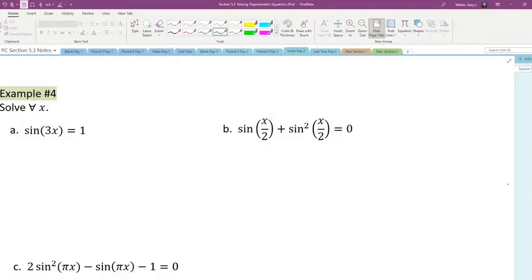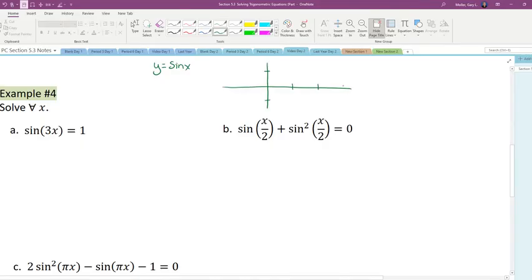So what I want us to think about before we dive into this too far is what is the difference between sine of x and sine of 3x? And the easiest way I think to analyze this is by quickly looking at the graph. So if we look at the graph of y equals sine of x, we know, let's go 1, 2, 3, 4, try to equally space them.